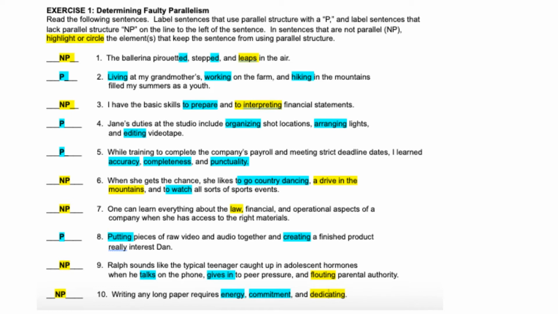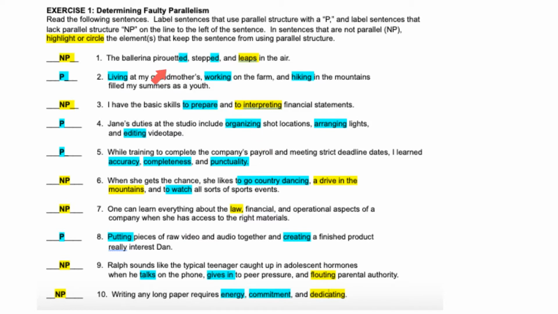Okay, this video is going to focus on helping you to review your own personal completion of exercise 1 of your parallelism exercises. They will help you to see the differences in sentences that represent parallel structure, which you can see I've color-coded in blue and shown you the parts of the sentences that represent parallel structure.